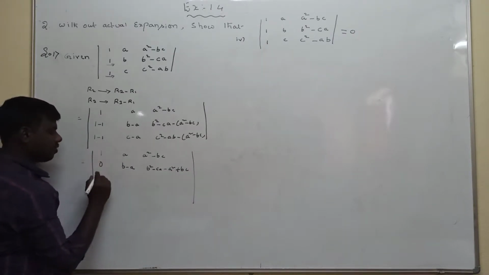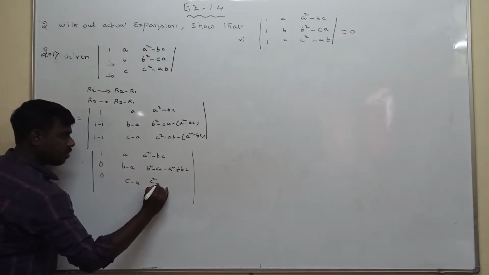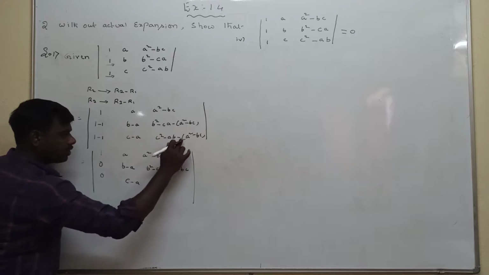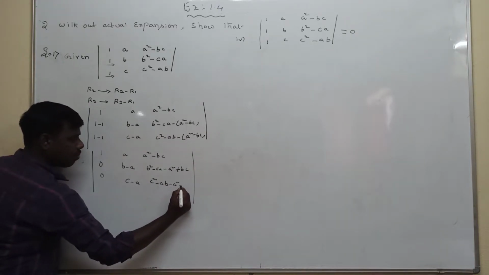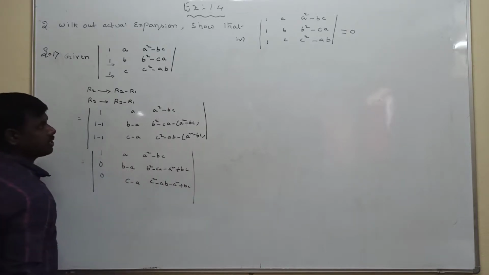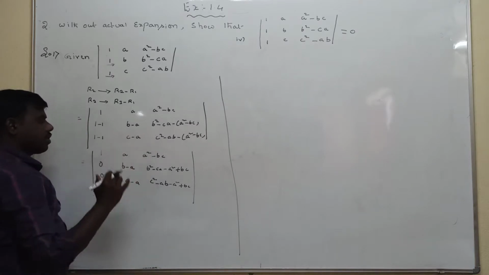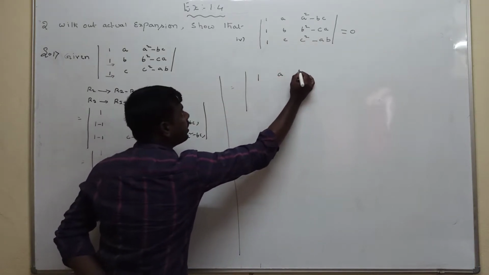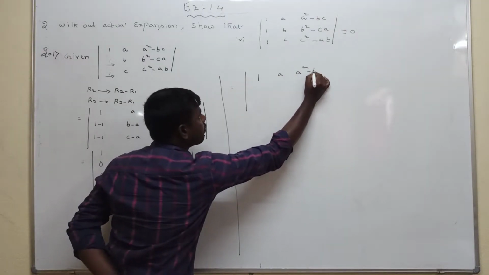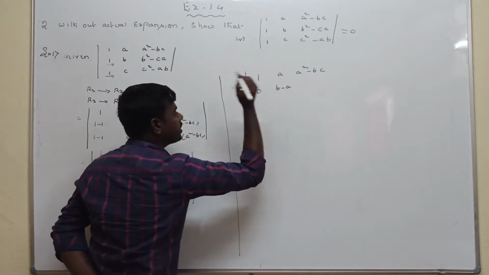Then 1 minus 1 value will be 0, c minus a, c square minus ab, product with negative: minus a square minus of minus plus bc. After that the first element does not change, right, as it is 1, a square minus bc, 0, b minus a.